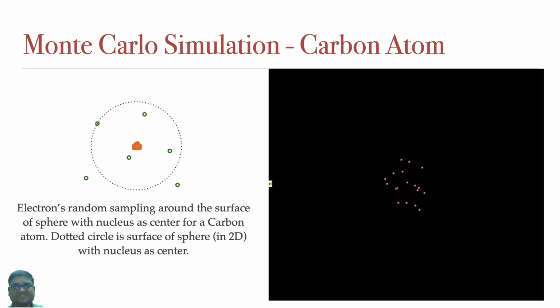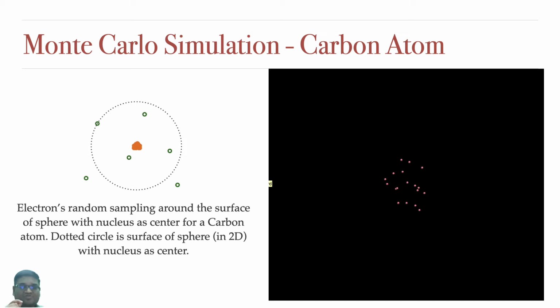Here is the simulation video I'll play. At each trial move, say for example this electron, this is the nucleus of protons and neutrons, and 6 electrons are distributed in a carbon atom. Say this electron is chosen and a trial move is made, but the acceptance of moves is very low and the sampling is very poor.